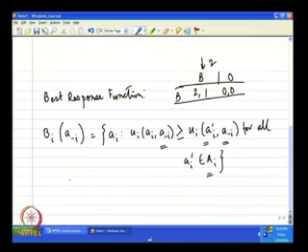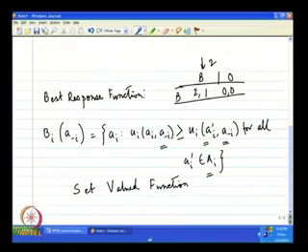Firstly, it is a set valued function, which means that it is giving me some action which is to be taken by player i. It is not giving me any number or any other thing. It is giving me what action the player should take, which gives him the best payoff given what the other players are doing.